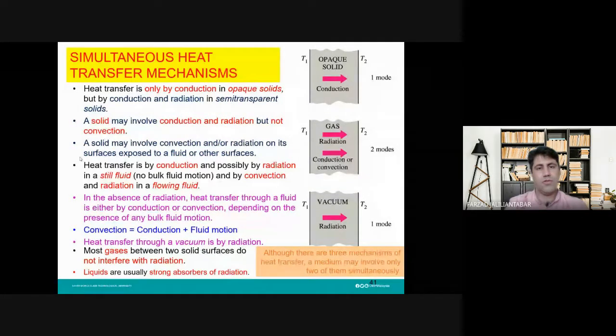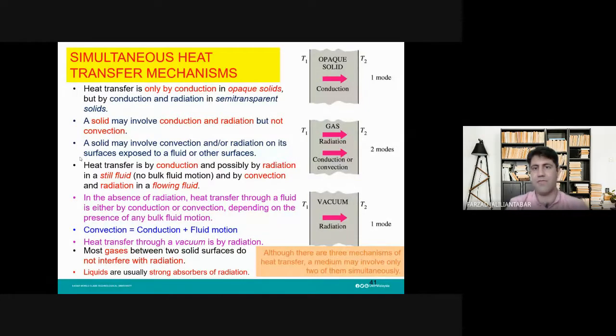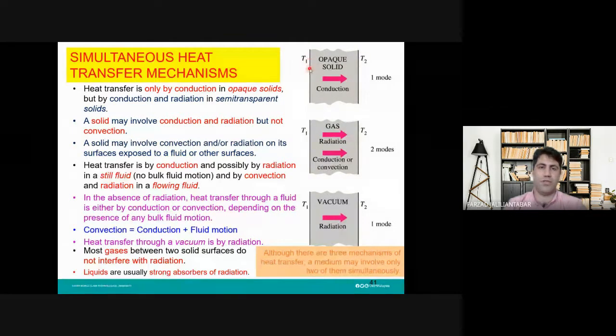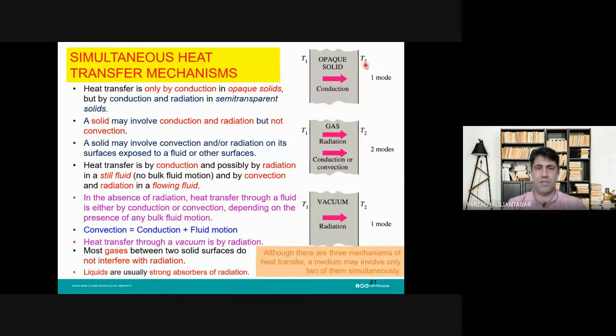First of all, you know what I mean by heat transfer. Heat transfer means heat is transferred from one point to another, or from one place to another. Imagine we have two surfaces like this. At this point the temperature is T1, and on this surface the temperature is T2.